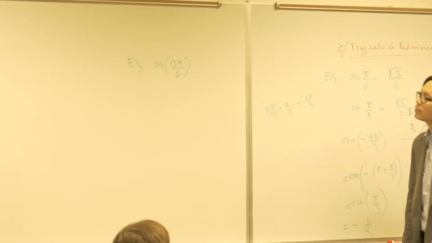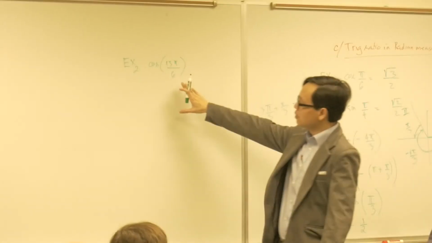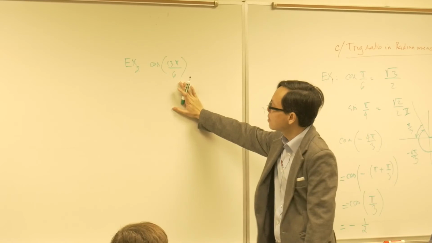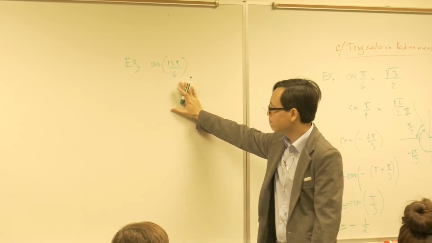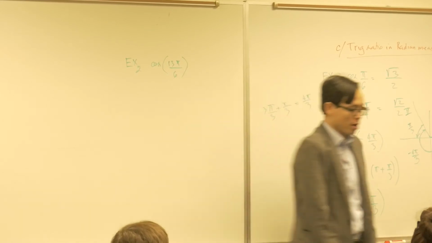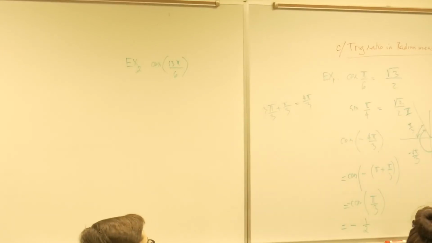So you must be able to recognize 13 pi over 6 and try to rewrite it as a sum or a difference involving the special angle. Because only when you bring it back to the special angle do you know the value.